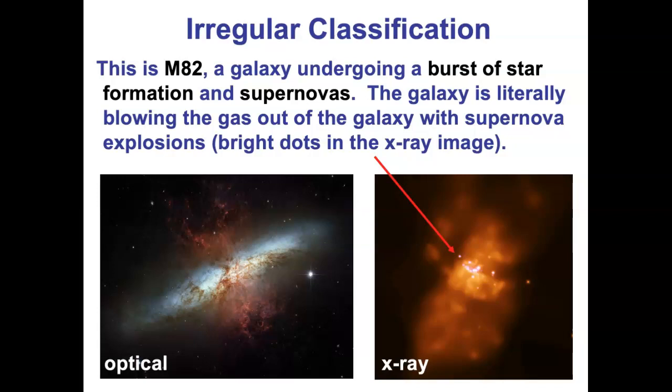The star formation and the supernovas are in the disk, just like in a spiral galaxy, like you'd expect, but there's so much star formation and so many high mass stars are being born. They live their lives, they die, they blow up as supernovas so much faster than in a normal spiral. It's making this galaxy look irregular. In this case, it's irregular because the dust and the stars are going in different directions. So this is irregular for a different reason.